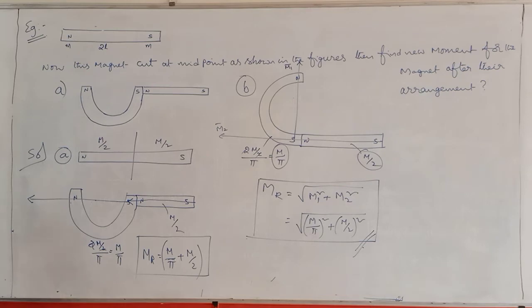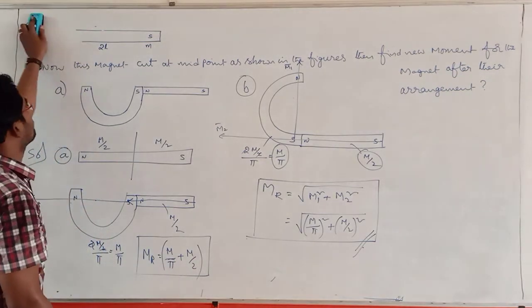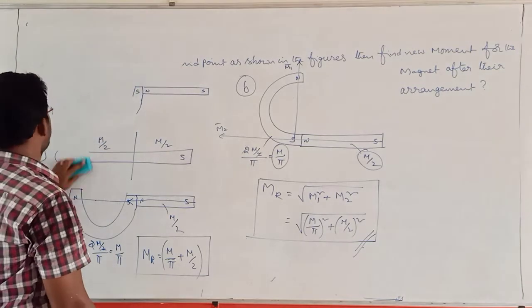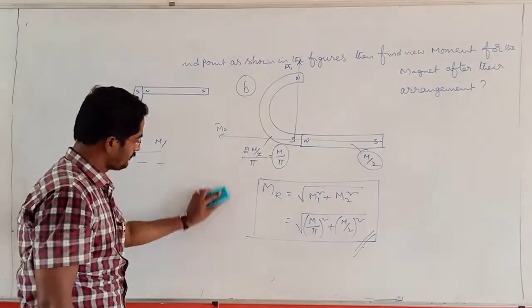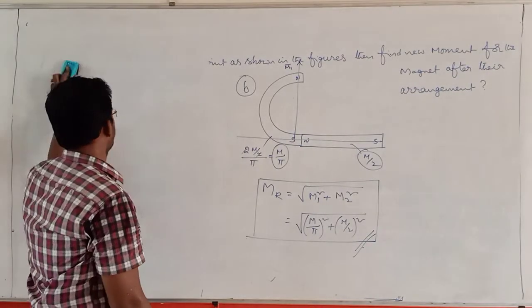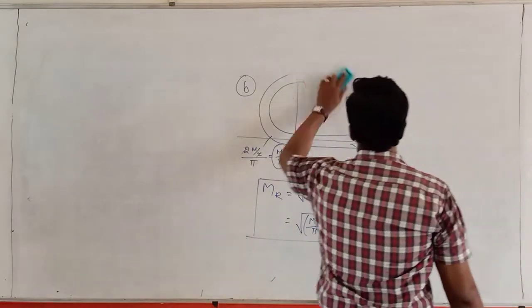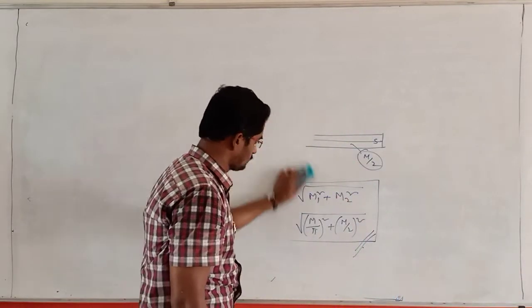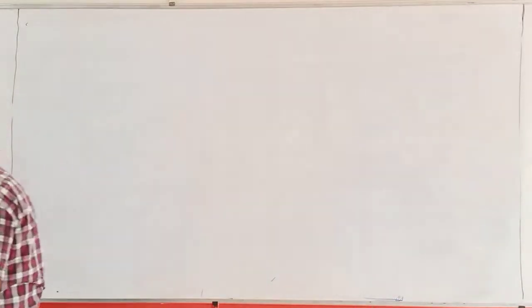With that, this is over. Now let's see another one. Next example. Mainly, to solve this problem, the point we remember is the moment direction is south to north. That you should remember perfectly.